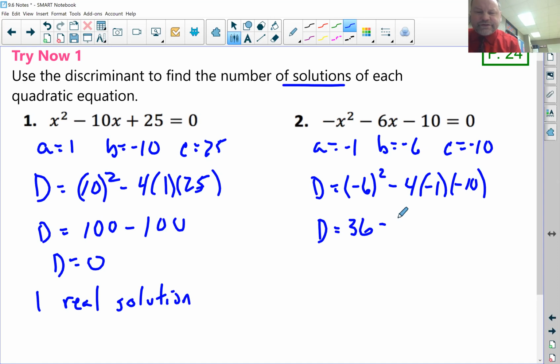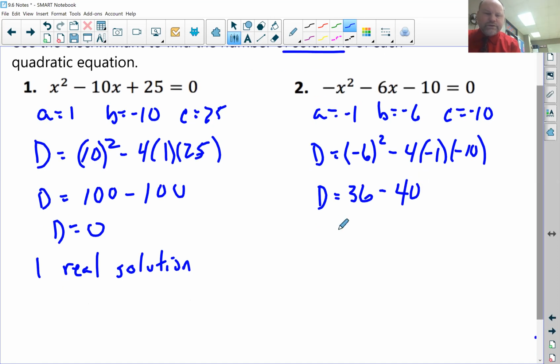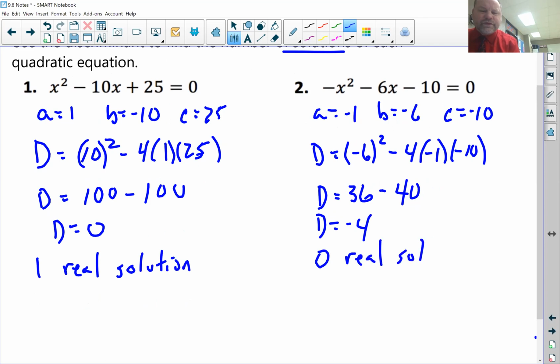Negative 4 times negative 10 is positive 40, so we're subtracting 40. Discriminant is negative 4. So there are 0 real solutions. And again, in a couple of years, when you take Algebra 3, you will take a look at what happens then and what that means. And there are ways mathematically we can deal with that.